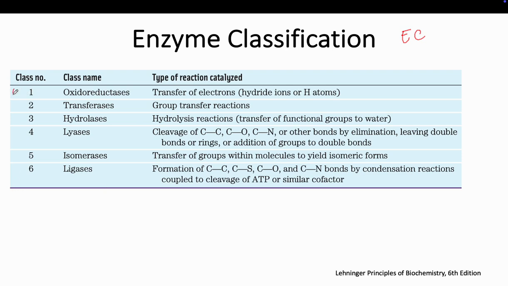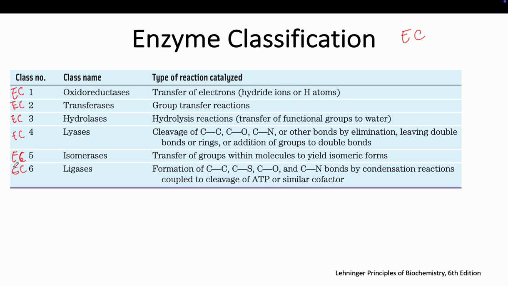So this is the EC number, EC1, EC2, EC3, and so on. So this order is very important, okay. This order is set by all the biochemists and the enzymologists, okay. So this order is important for enzyme classification.